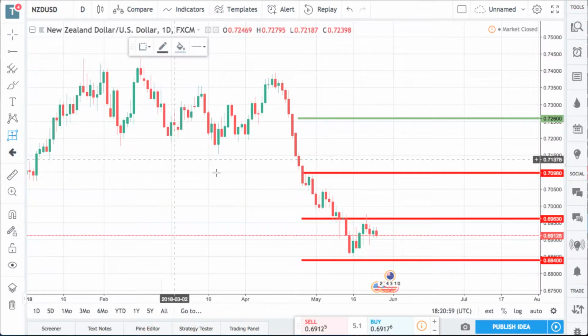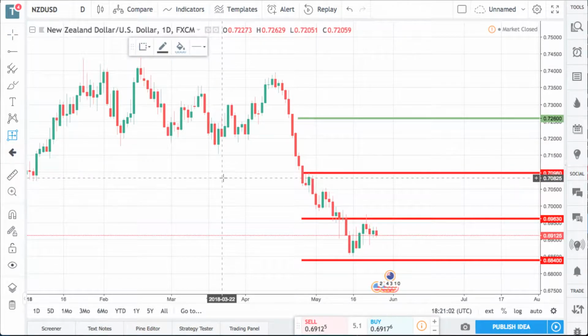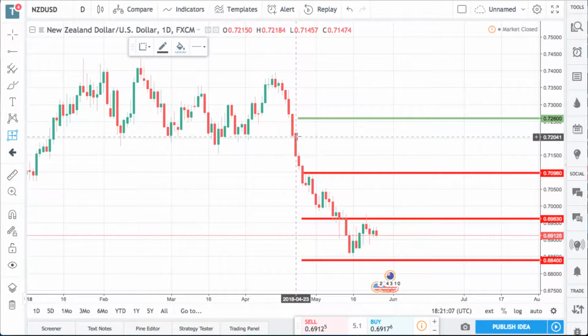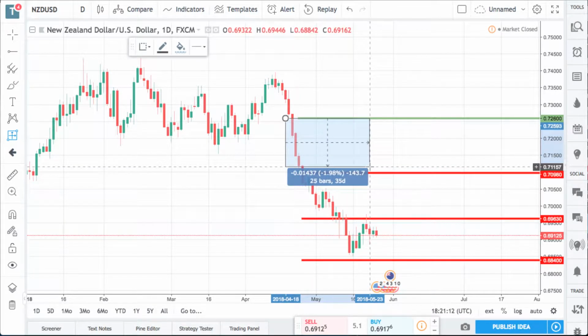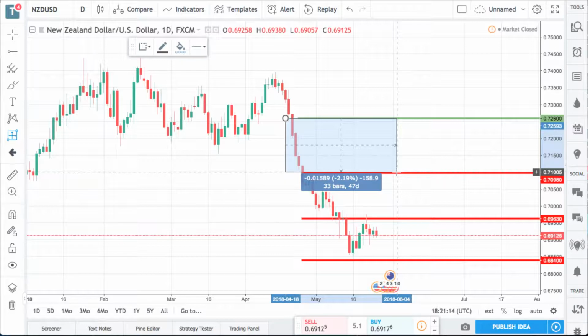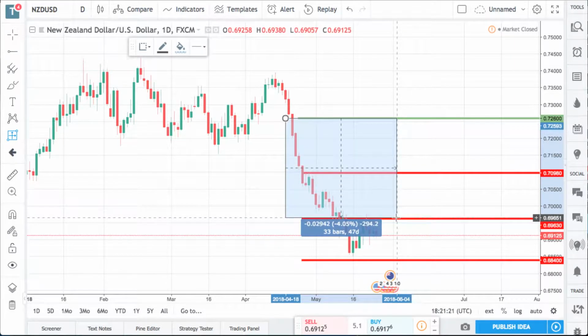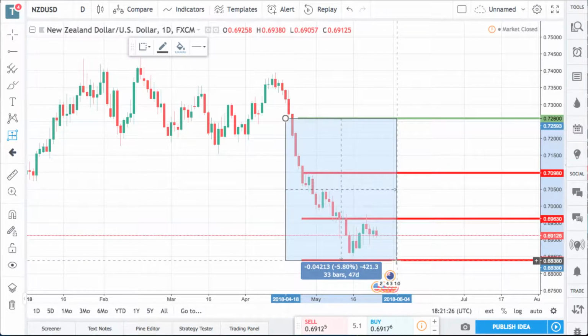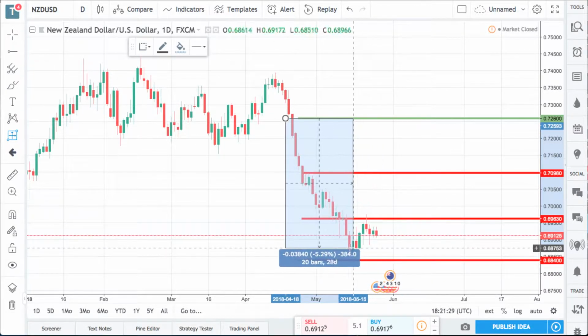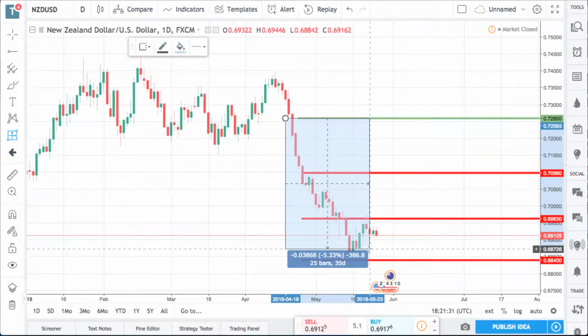Anyone who subscribes to my membership knows that I enter with 3 positions, with 3 different lots and 3 separate positions with 3 separate targets. And here the first target was about 160 pips. So the second target was roughly around 300. That's 450 pips. And the third target, where I exited, was roughly around here. That was another 386 pips.